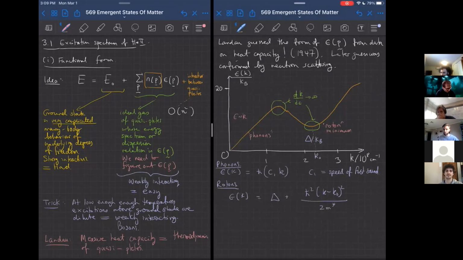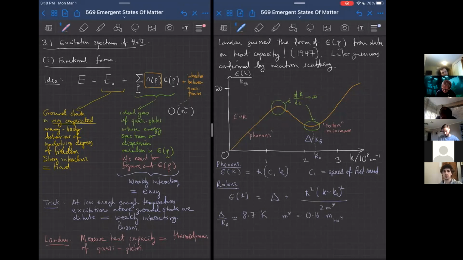Again, just so you know, the values of these parameters. Delta over kB is about 8.7 Kelvin. M star is about 0.16 times the mass of helium-4.